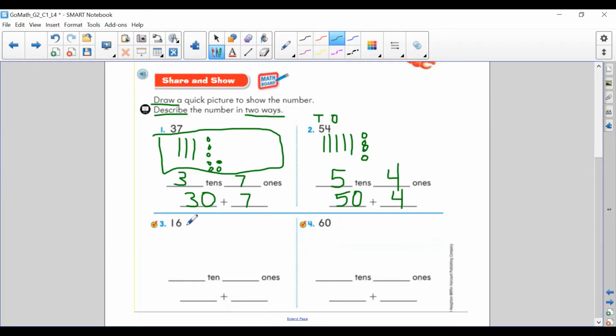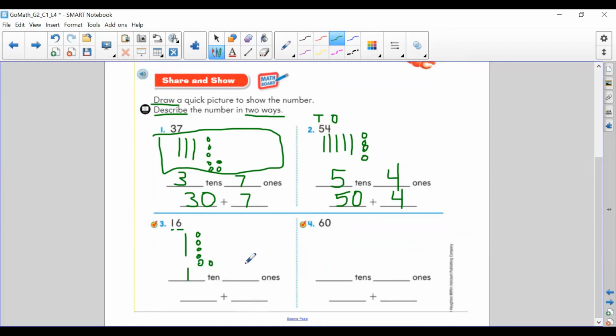For 16, how many 10s do you see? Just 1. And how many ones do you see? 6. So let's draw 6 ones with just little circles. Big enough to see, but not too big. Okay, 1, 2, 3, 4, 5, 6. So here it just says 10 because there's only 1 10.